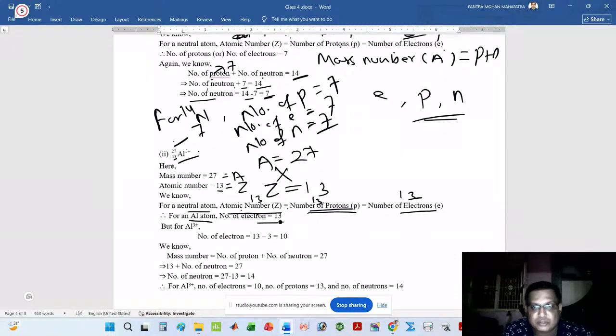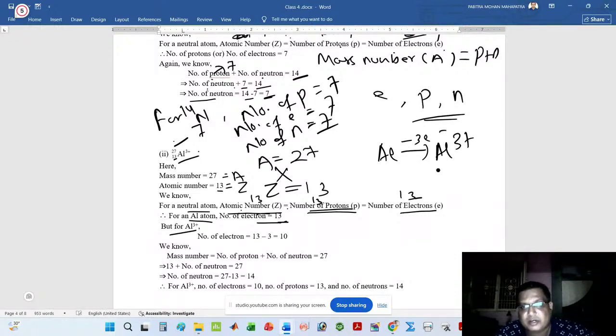But what is the difference between Al and Al 3 plus? Al loses 3 electrons and is converted into Al 3 plus. Aluminum has 13 electrons, it loses 3 electrons, so Al 3 plus has 10 electrons. Number of electrons is 13 minus 3, that is 10.